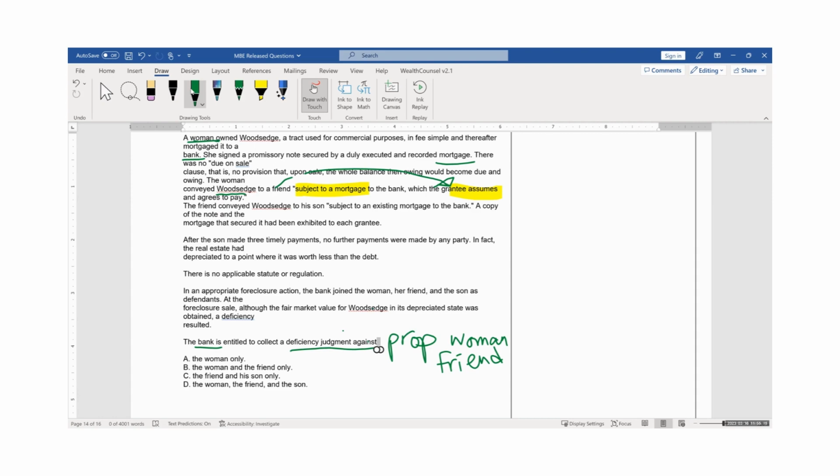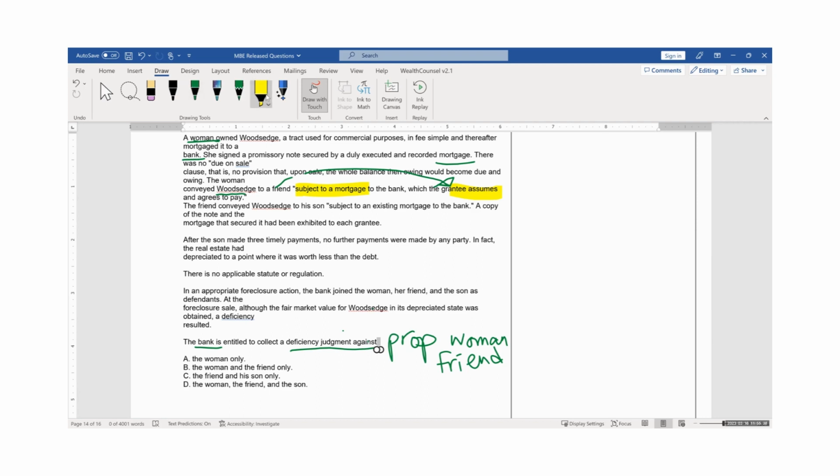Now, the friend conveyed Woodsage to his son. So I guess the friend, I was saying she, but here it's the male. So the friend conveyed Woodsage to his son.